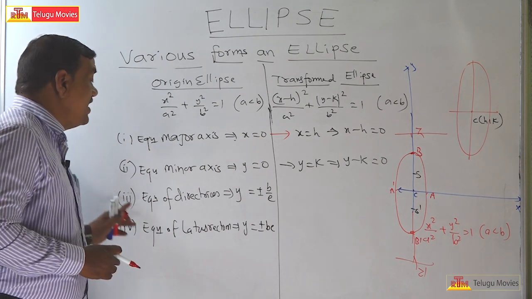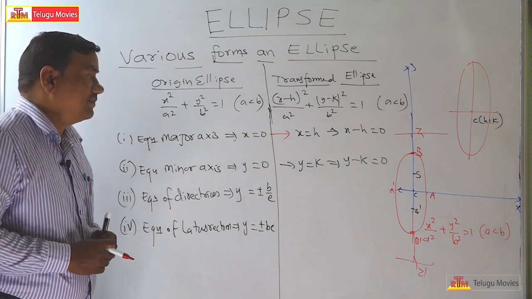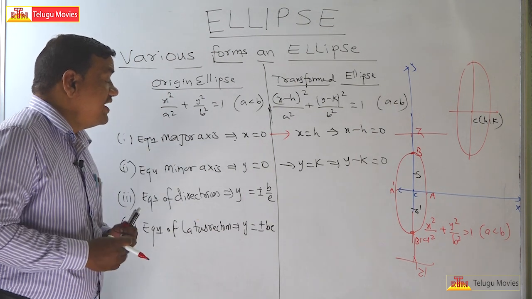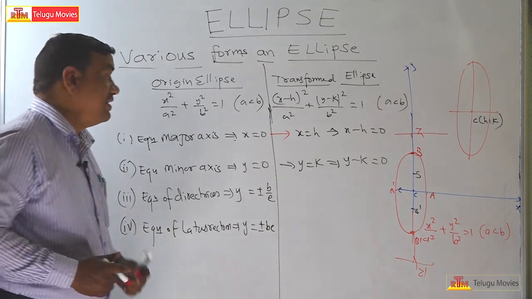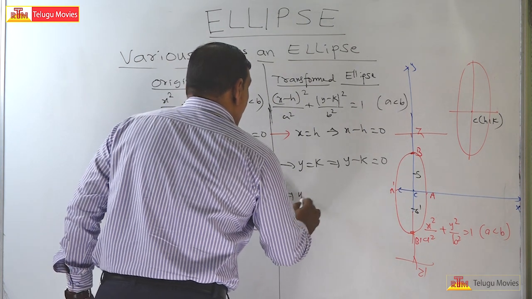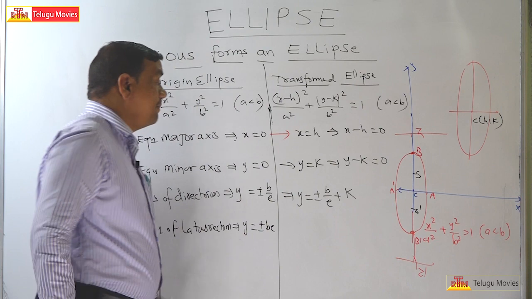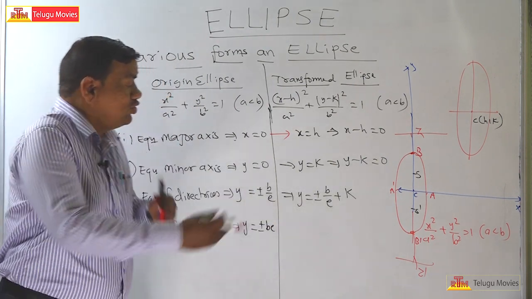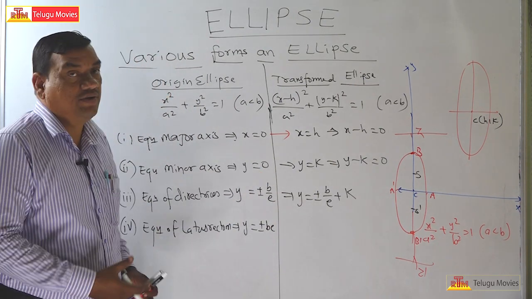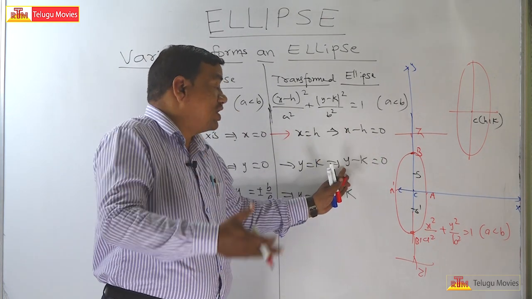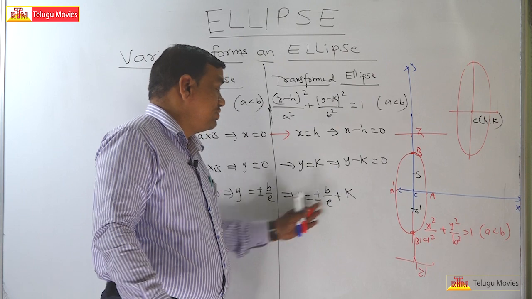Now the equation of the directrix. The equation of the directrix is y is equal to plus or minus b by e, so this becomes y is equal to plus or minus b by e plus k. You can bring all the terms to one side, because in general form I am writing ax plus by plus c is equal to 0. Here also it is general form.